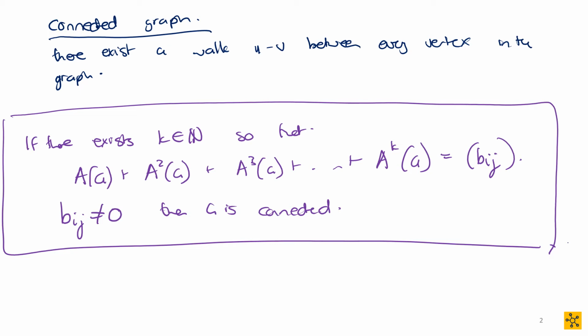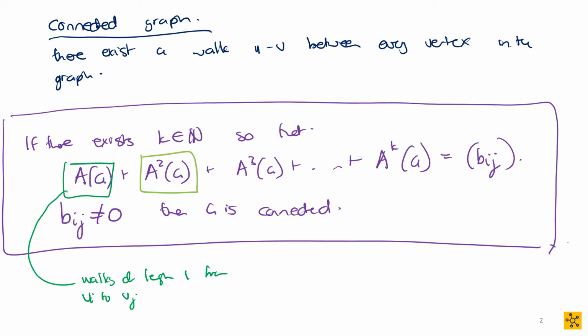But it does make sense when you think about it, because what is this first matrix telling you? It's giving you all the walks of length 1 from Vi to Vj. Then you have the next one, and it's giving you all the walks of length 2 from Vi to Vj.